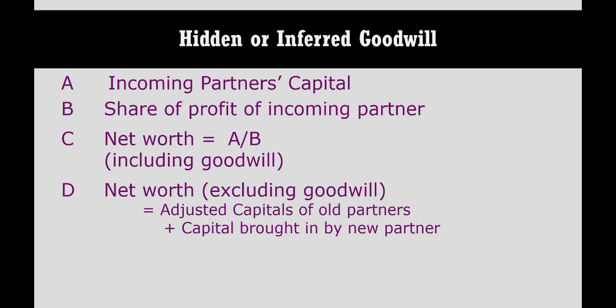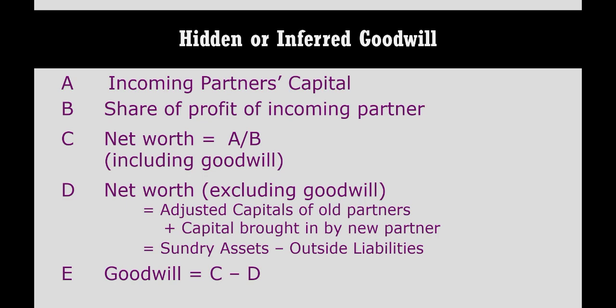Then the other method is sundry assets minus outside liabilities. It will also give us how much net worth we have introduced in our business. Then we will find goodwill by deducting both the amounts of step C and step D. Simple.